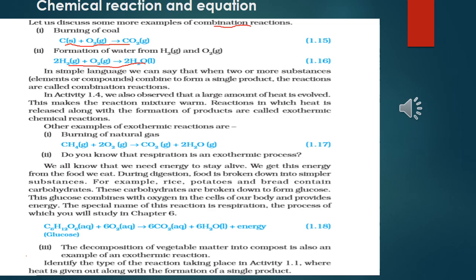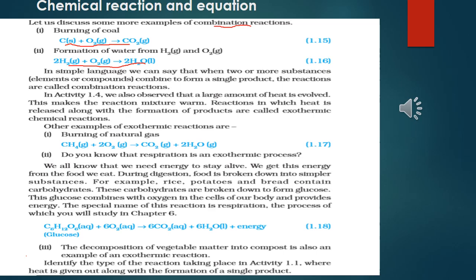These carbohydrates are broken down to form glucose. This glucose combines with oxygen in the cells of our body and provides energy. The special name of this reaction is respiration. All of you know the process, which you studied in class 6. So here see how the respiration process takes place.